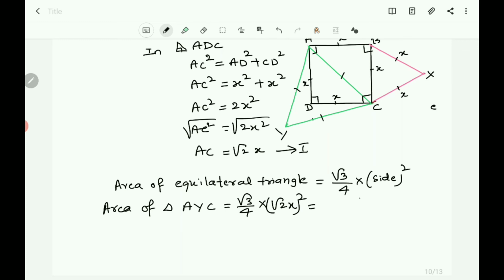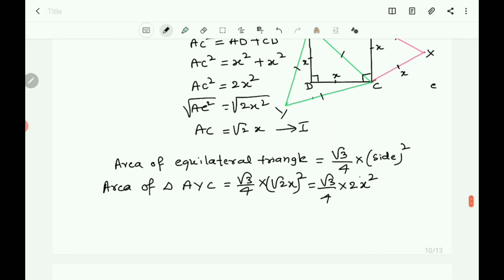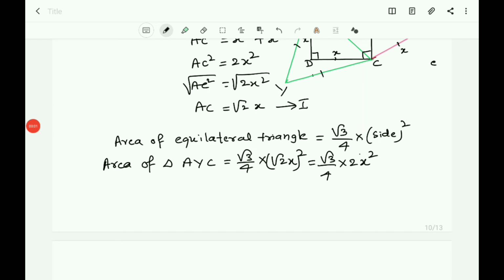That becomes root 3 by 4 into root 2 whole square, which is 2, so it becomes 2x square. So it becomes equal to 2 into root 3 by 4 x square. Consider that as second.